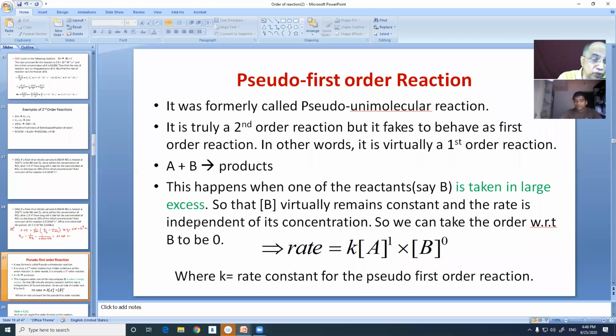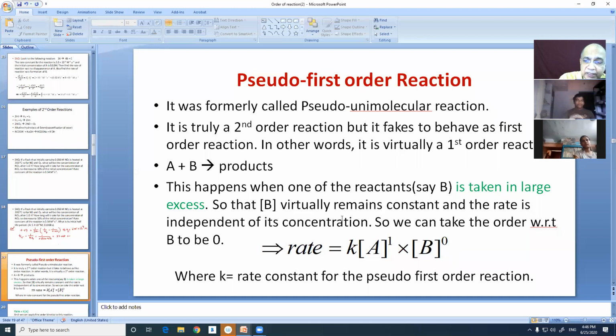For example, solvolysis reaction. Supposing A plus B, out of these two, B is taken in large excess. Either it is a solvent which is naturally taken in large excess, or in any given reaction we deliberately take the concentration of one of the reactants much larger than the other one.